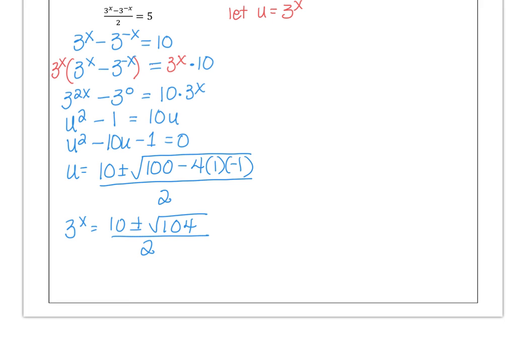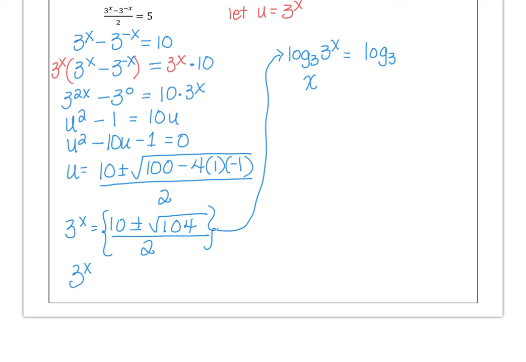So if we take log base 3 of the left-hand side, let's come up here, log base 3 of 3 to the x, we're just going to end up with x on the left. And then we've got log base 3. And I'm going to go to the calculator and figure up this portion. 3 to the x looks like 10.0990.